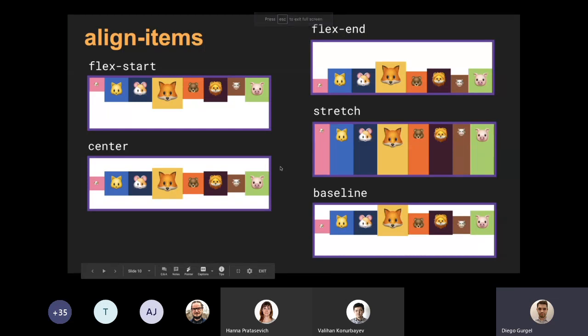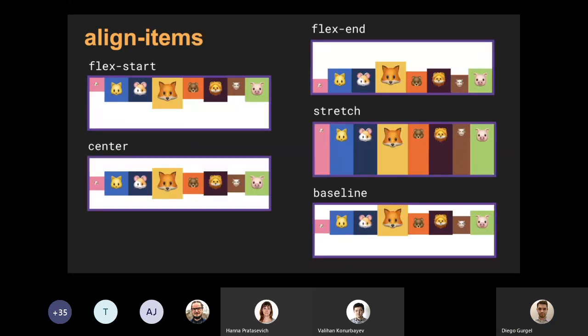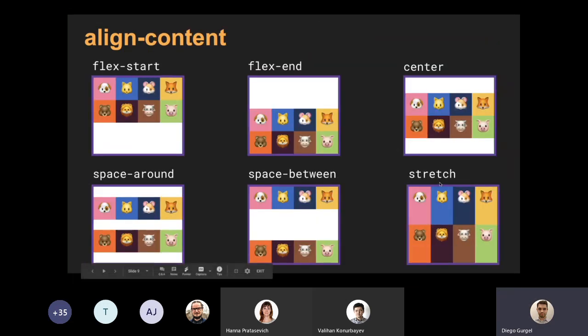So let's go ahead with the next one. Okay, align content. I didn't talk too much about the stretch property. The stretch property will stretch the items. If I have more than one line, they will divide the space that we have available between the elements.